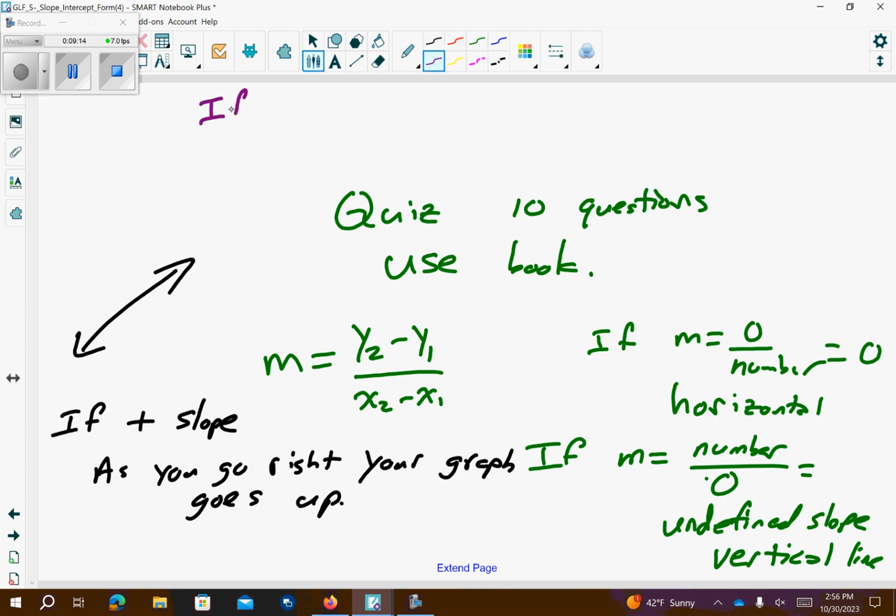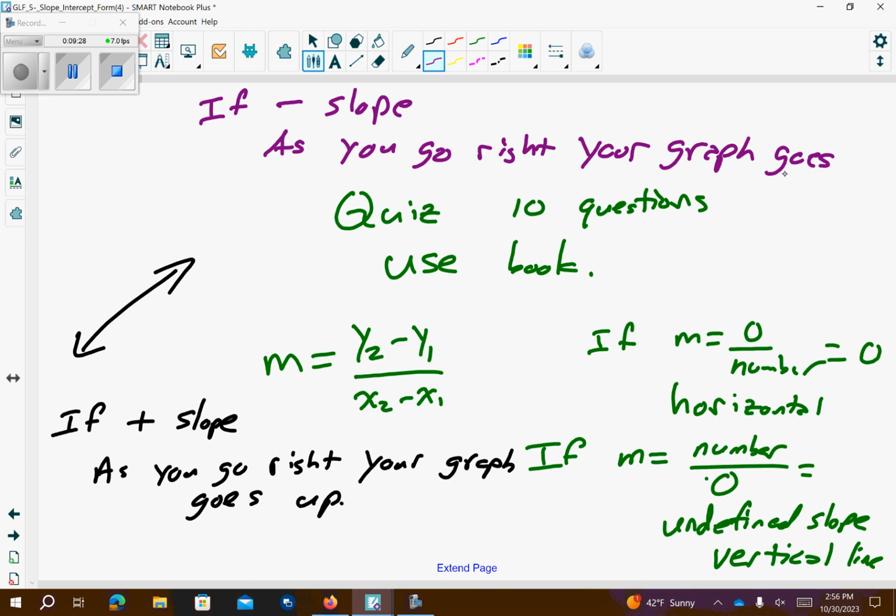If you have a negative slope, as you go right, your graph goes down. This is what a negative slope would look like. So as I go right, it goes down. Positive slope, as I go right, it goes up.